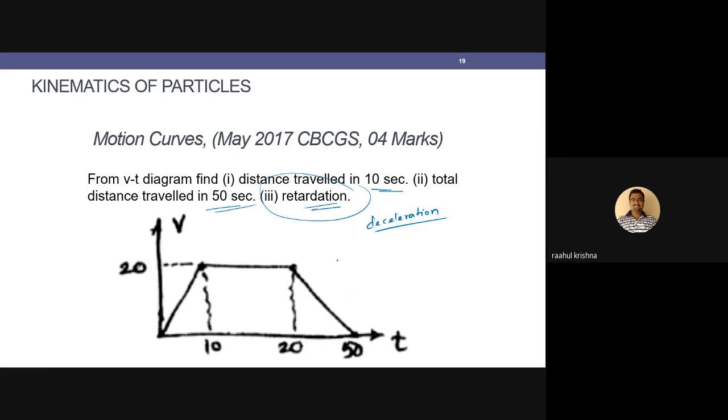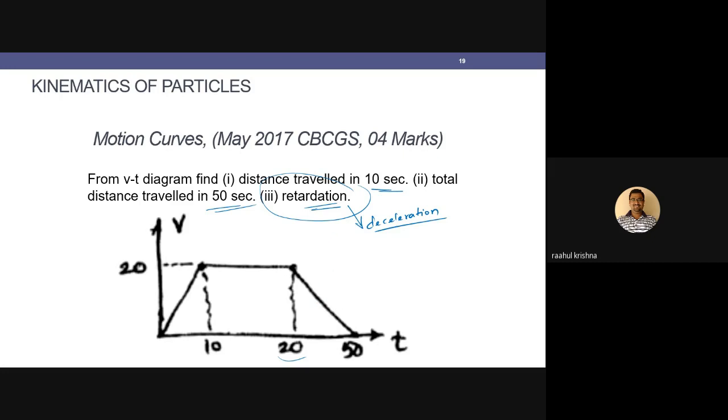In the velocity-time curve, in which time duration does my particle have a reducing velocity, or retardation? It is between t equal to 20 seconds and t equal to 50 seconds. So I am supposed to find the retardation, which means finding the acceleration in that phase.